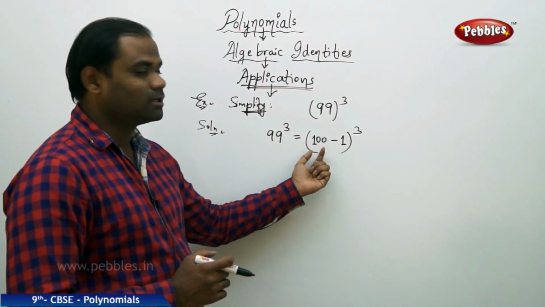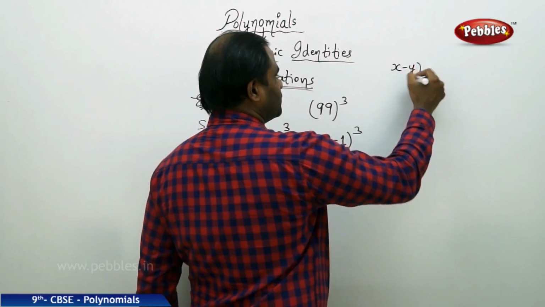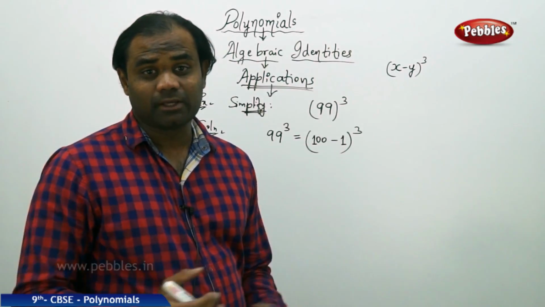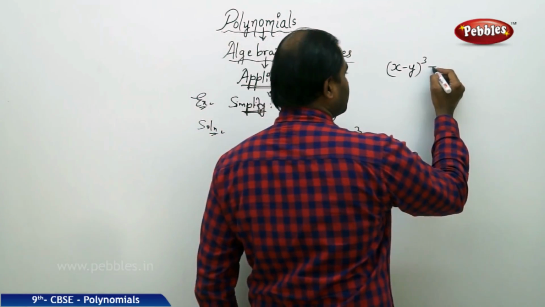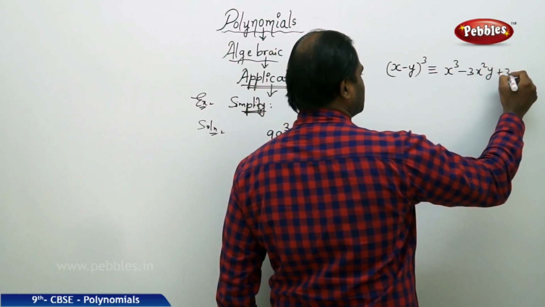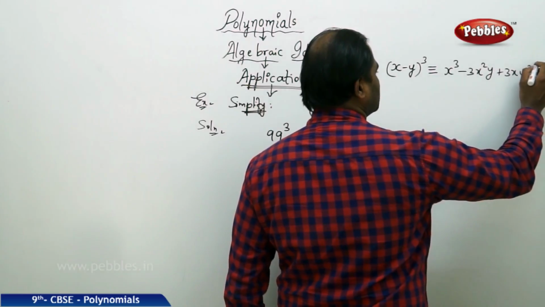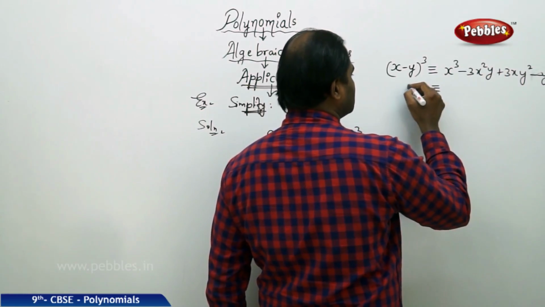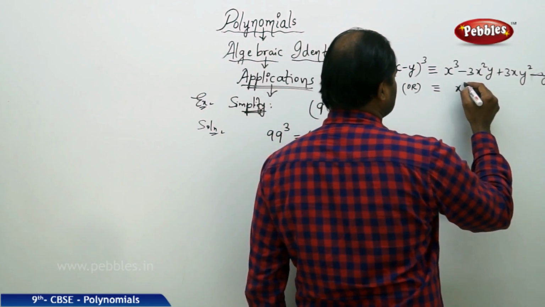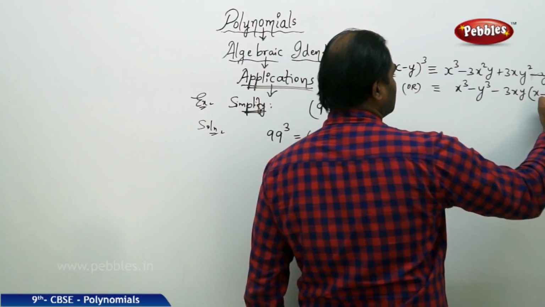Now, once this is converted into 100 minus 1 whole cube, we see that immediately it gets compared with the identity x minus y whole cube. What is x minus y whole cube? It is an algebraic identity which expands to a cube minus 3a square b plus 3ab square minus b cube, or this can also be written as a cube minus b cube minus 3ab into a minus b.